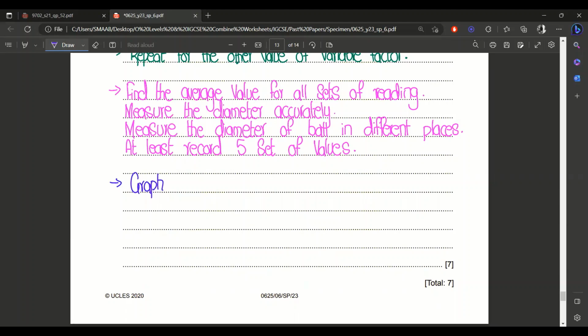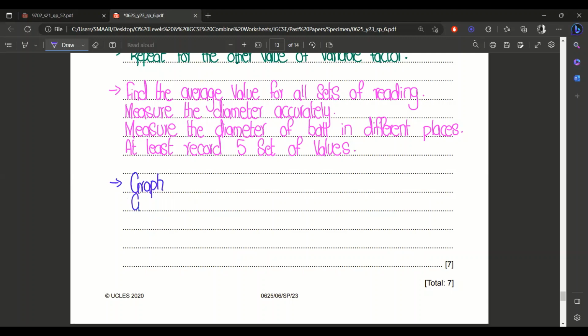We know that the depth or the diameter of the sand will change with the mass of the ball, right? So it means the graph will be drawn between the diameter or the depth of the sand versus the mass of the ball, or the weight of the ball.